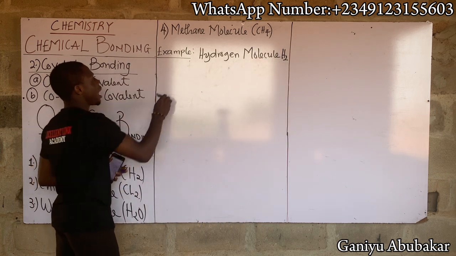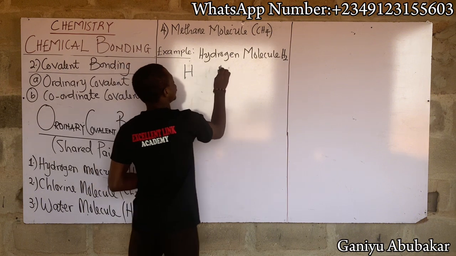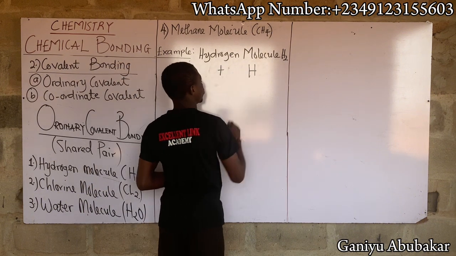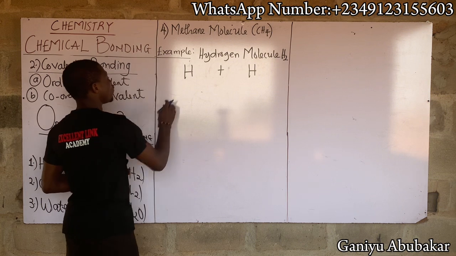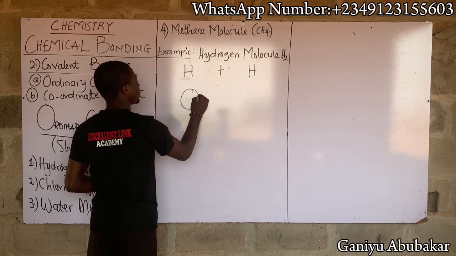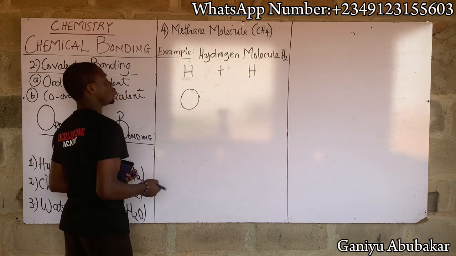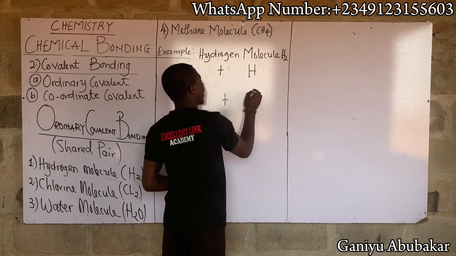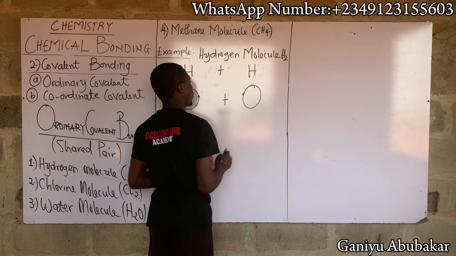Basically, it means that I'm adding hydrogen with hydrogen together, right? Of course, adding atom number 1, my shell becomes just 1 hydrogen, plus hydrogen here becomes just 1 too.